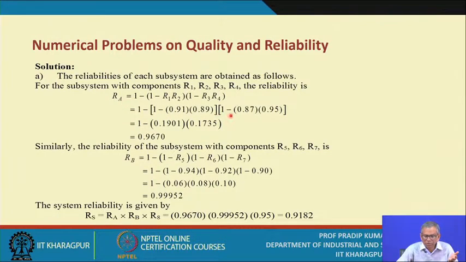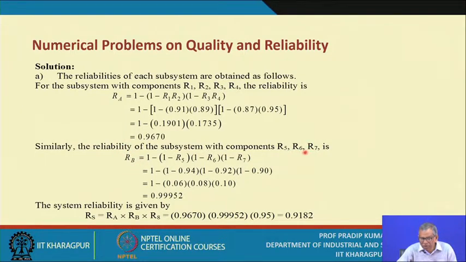When individual values are given, obviously you can calculate the system's reliability with this structure. Similarly, when you opt for this sort of formulation, what is the corresponding system structure? Can you draw it? That is a part of your problem. The next subsystem is referred to as system B, and the corresponding reliability is RB.